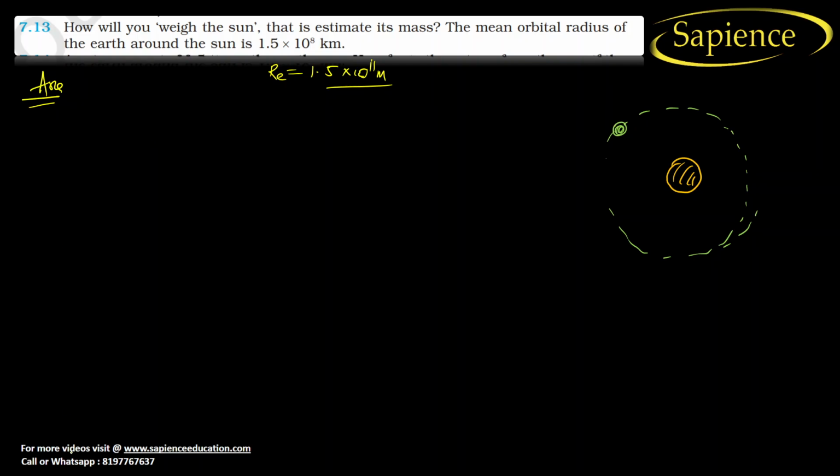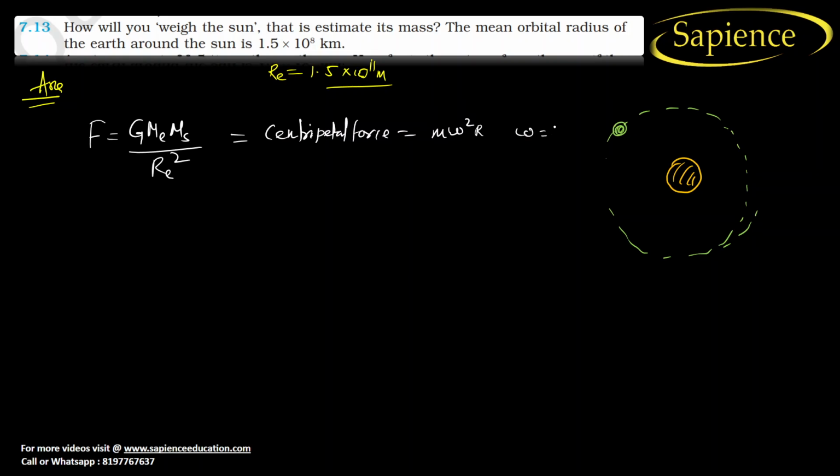The force between these two, F, is equal to G into mass of the Earth into mass of the Sun divided by orbital radius, that is Re whole square. And this force must be equal to the centripetal force. One of the famous formulas for the centripetal force is m omega square R.